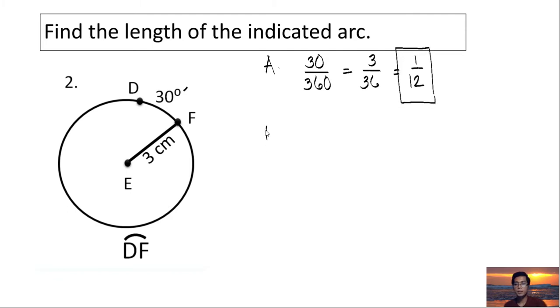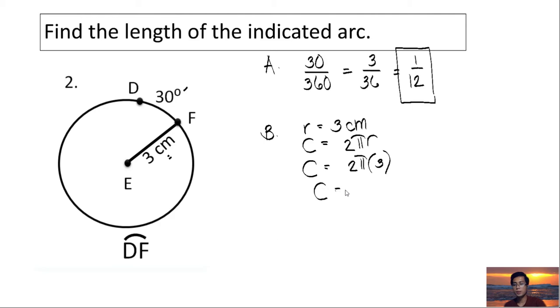Sa part B naman, kunin natin ang circumference ng circle. Ang radius natin ay 3. So, radius is 3 centimeters. Ang formula ng circumference of circle is C equals 2 pi r. Tama. Substitute, C equals 2 pi times 3. 2 times 3 is 6.